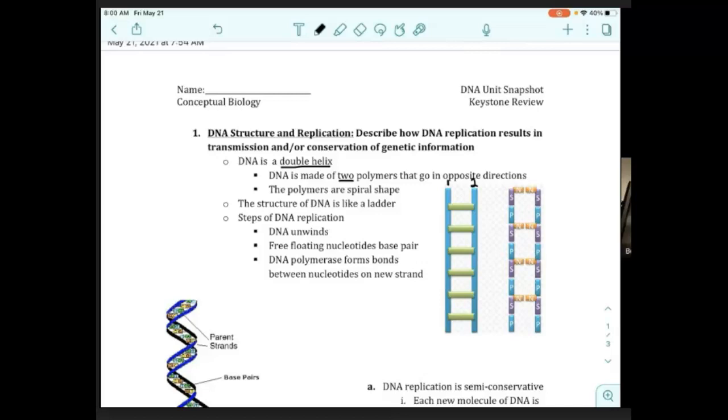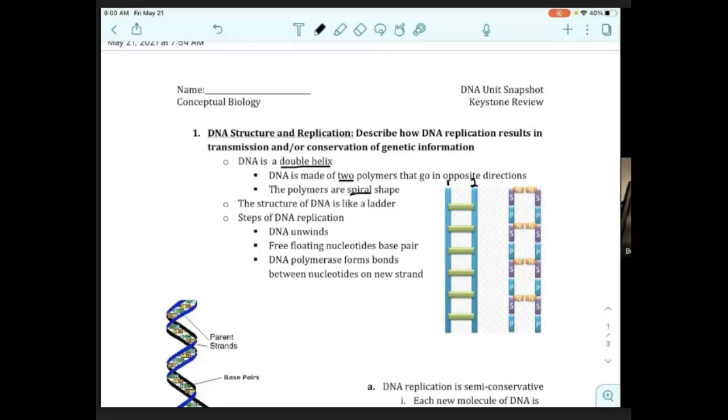When we say helix, helix means that it has a spiral shape. It's a twisted ladder. If we untwist it, it looks like a ladder. If we twist it back up, it kind of looks like a spiral staircase, if you've ever seen one of those.